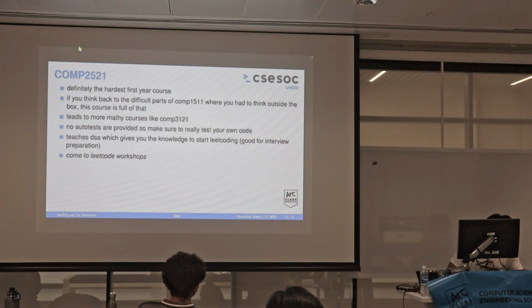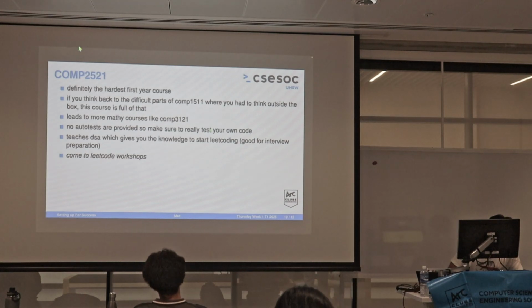Or if this list is sorted, what's the fastest way you can do this? And then you have to design an algorithm. Obviously it gets way harder than this, but this is essentially what LeetCode is like. There's a website for it, leetcode.com, if you want to see any cool problems. Essentially 2.1 teaches you a lot of algorithms that will be really useful for LeetCode. So if you're feeling ambitious, as soon as you finish COMP2521, maybe just start doing LeetCode. After a year, you will be good.